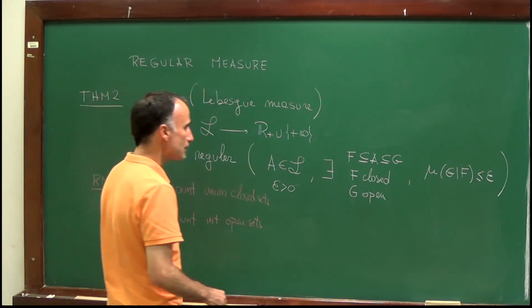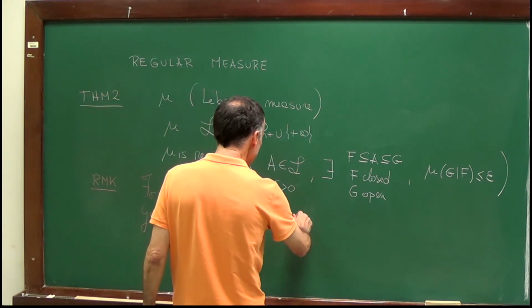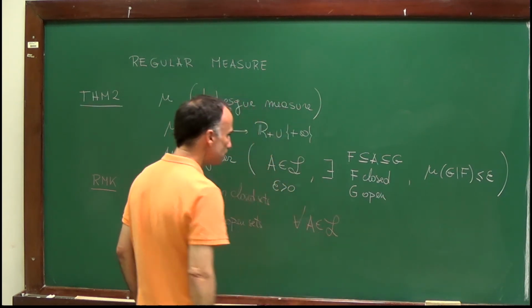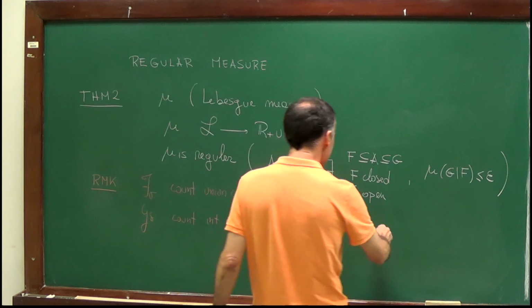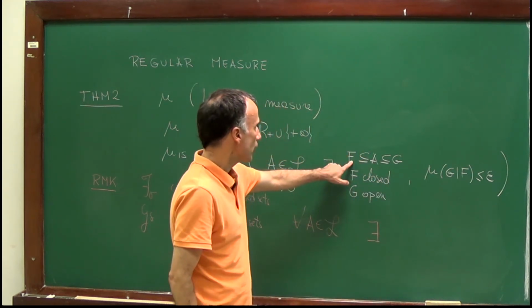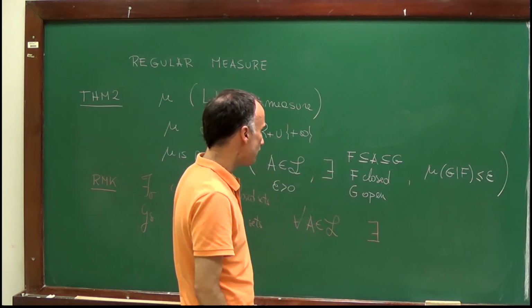So my claim is that for any A which is Lebesgue measurable, we can find one set which is in F sigma.